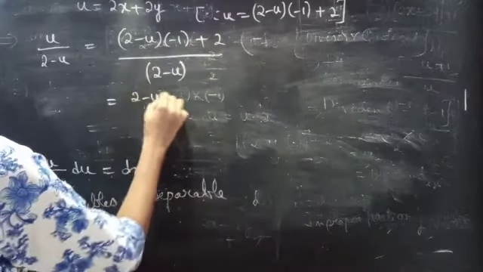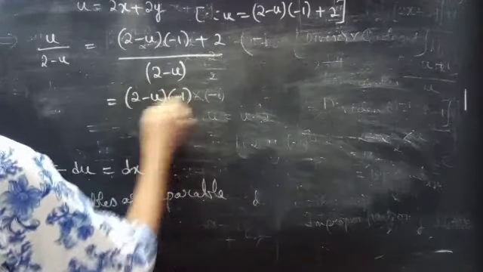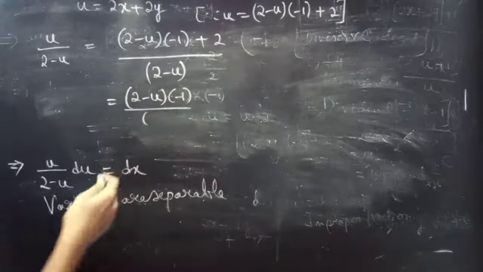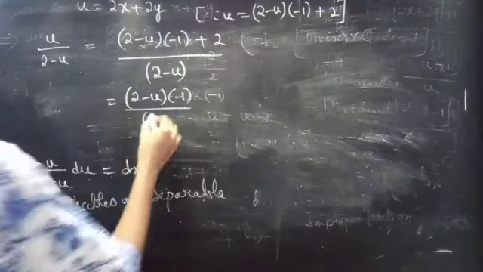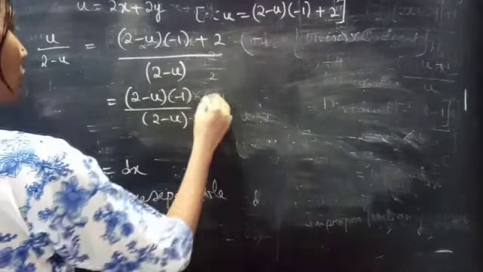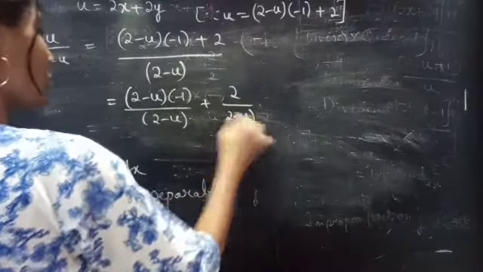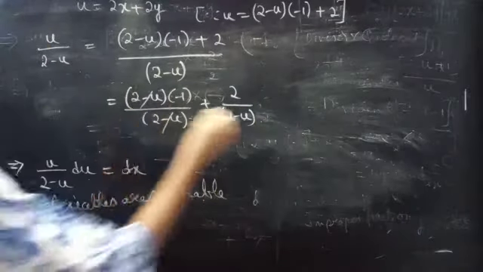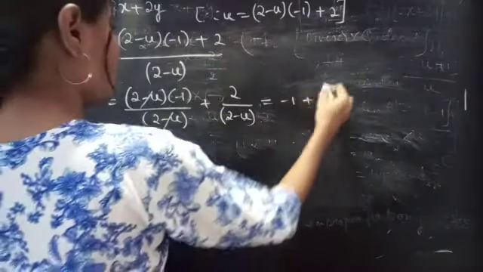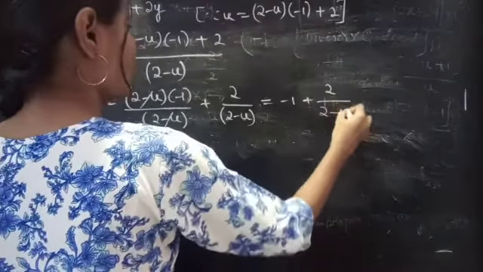Then (u minus 2) into minus 1 by 2 minus u, plus 2 by 2 minus u. Here 2 minus u gets cancelled. This equals minus 1 plus 2 by 2 minus u.